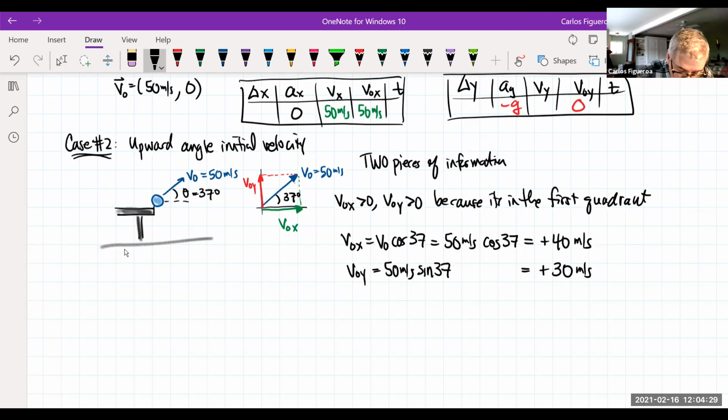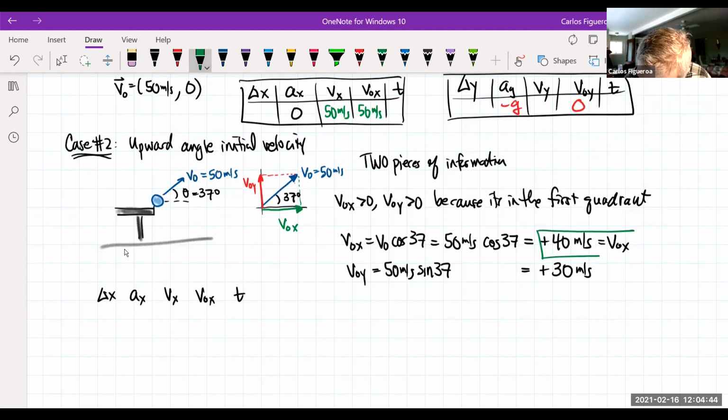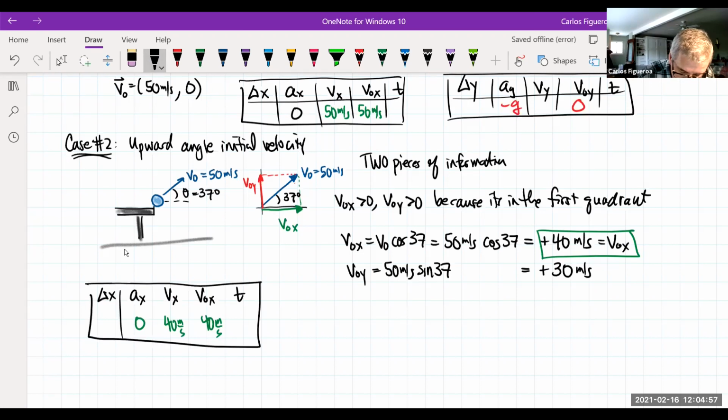So what does that mean? Again, I go to my table. And when I look at that x component, I don't put in 50 meters a second. I put in what? 40 meters a second. Why? This is vector motion. So I'm going to come in here that this must be true because the acceleration is 0. And then I have my y component.